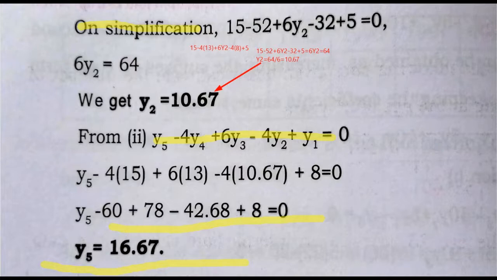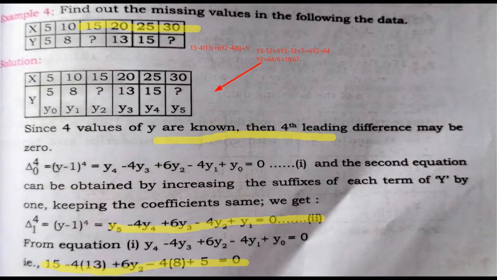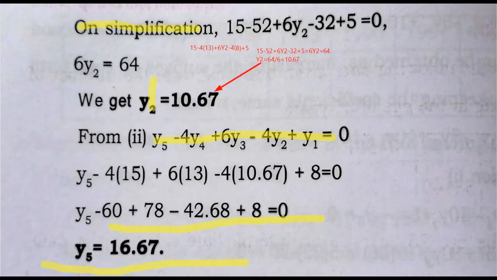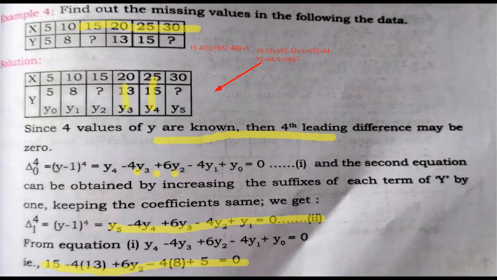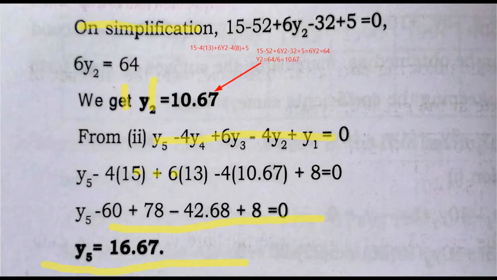The y4 value is 15, the same value I have entered here, 15. Plus, I have taken 6 as it is, into y3. What is the value of y3? The y3 value is 13, I have entered 13 here.